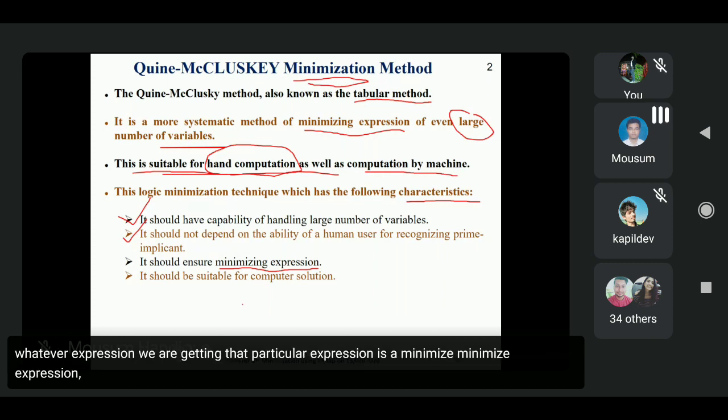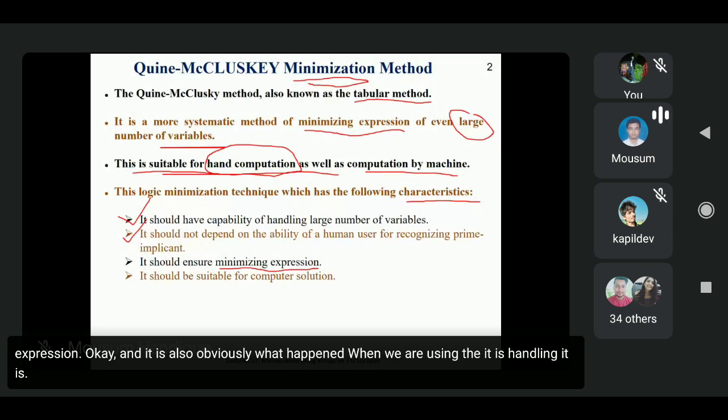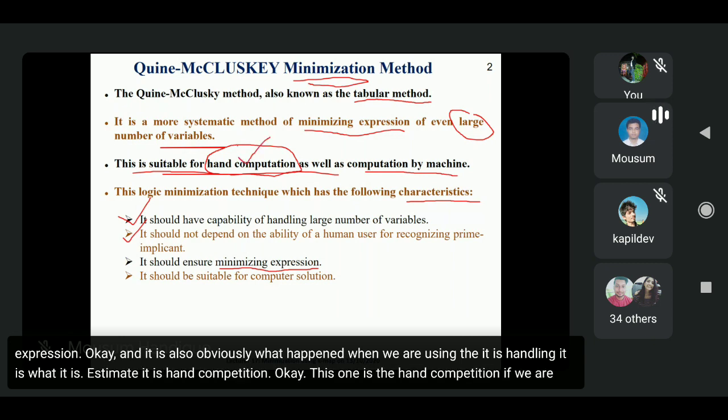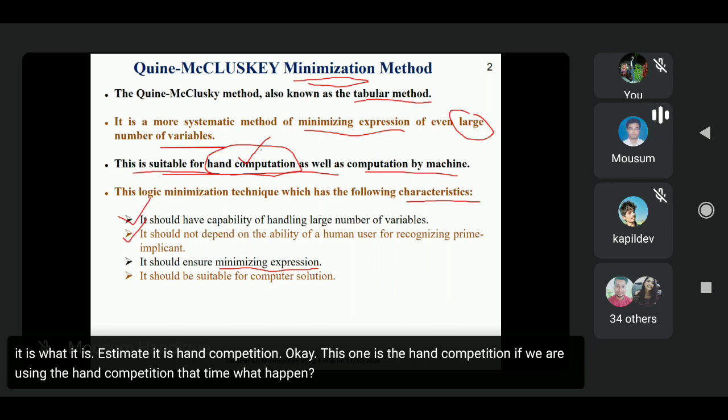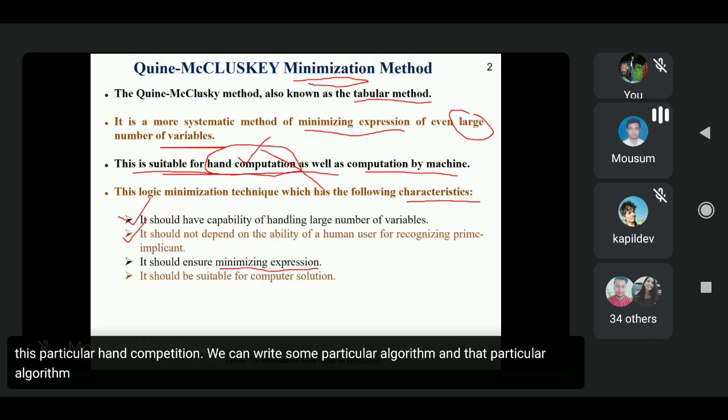It is also hand computation. Based on this hand computation, we can write an algorithm, and that algorithm we can implement with the help of programming. So a computer solution is also possible.